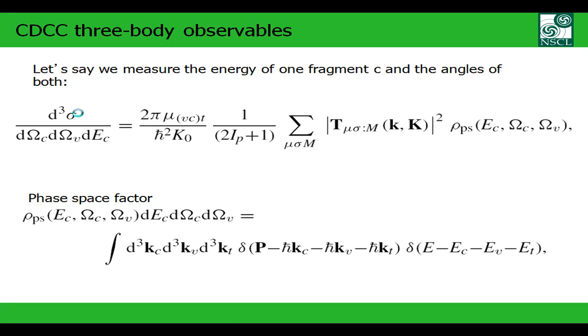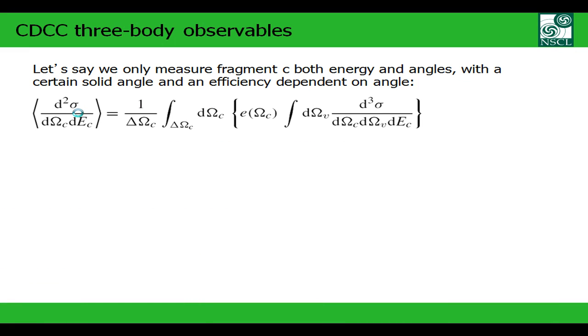Well, you have to sum over all relevant projections your T matrix squared times the phase space. And in this particular case, the phase space has to get the right energy and the right momentum because you've got the direction, you've got the angles. So you construct this and you work out what this looks like, and in the end you've got efficiencies usually that you need to take into account.